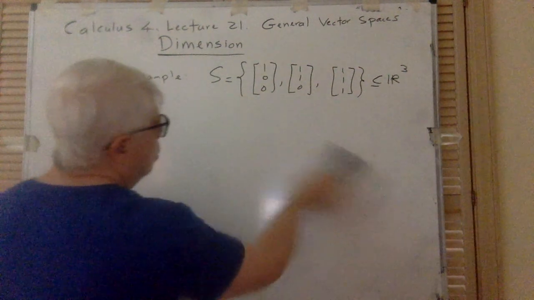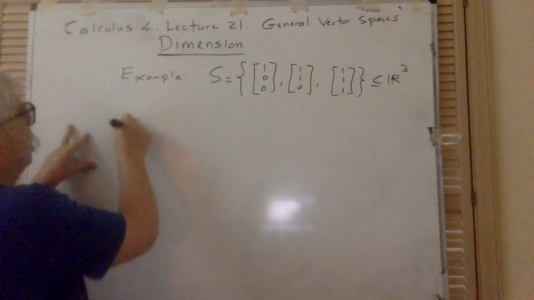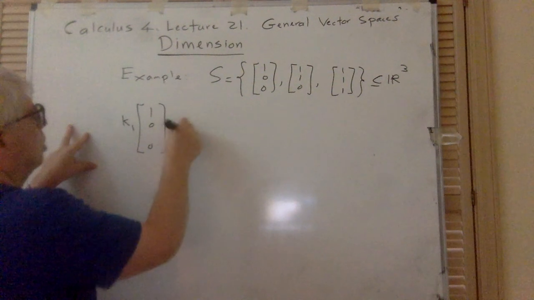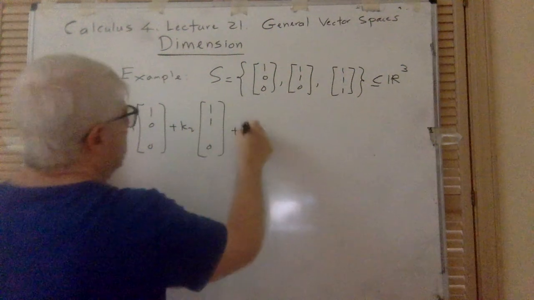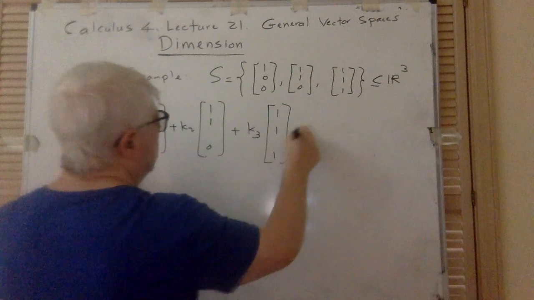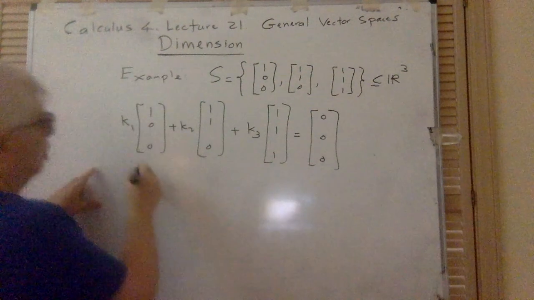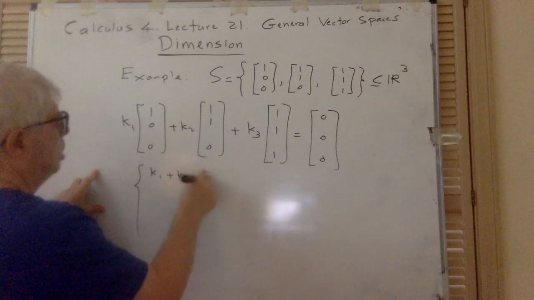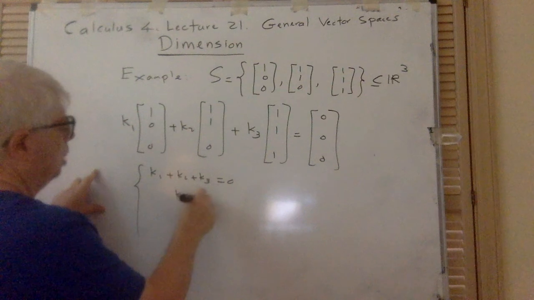So what should I show for linear independence? I should write this linear combination: k1 times (1, 0, 0) plus k2 times (1, 1, 0) plus k3 times (1, 1, 1), and that should equal (0, 0, 0). Let's write them in the other format. The first one is k1 plus k2 plus k3 is 0. The second one is k2 plus k3 is 0.